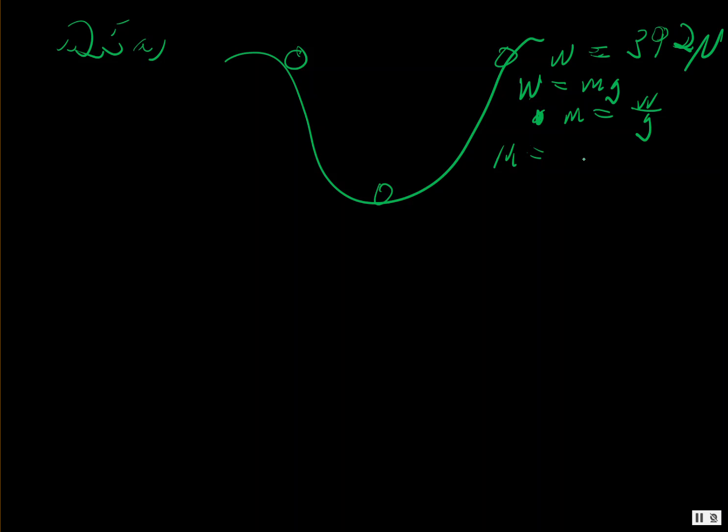and therefore m is equal to the weight divided by g. So the mass of the wheel is going to be 392 newtons divided by 9.8 meters per second squared.